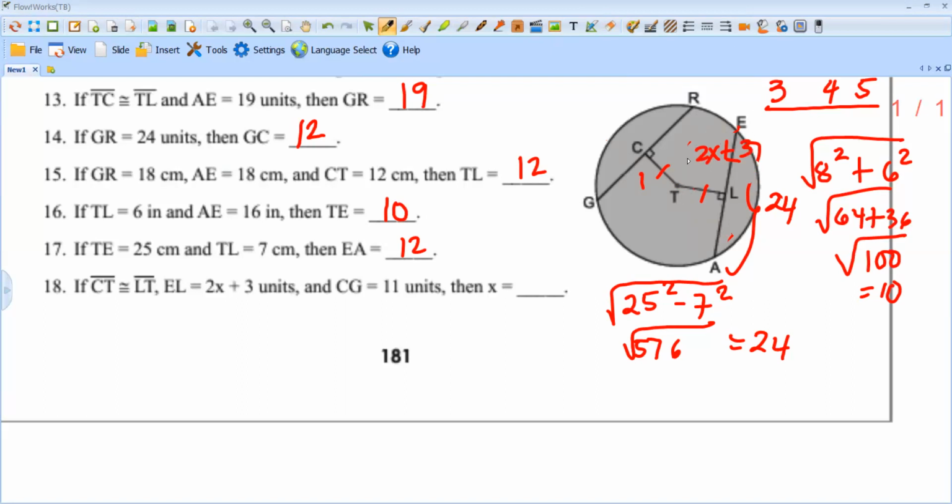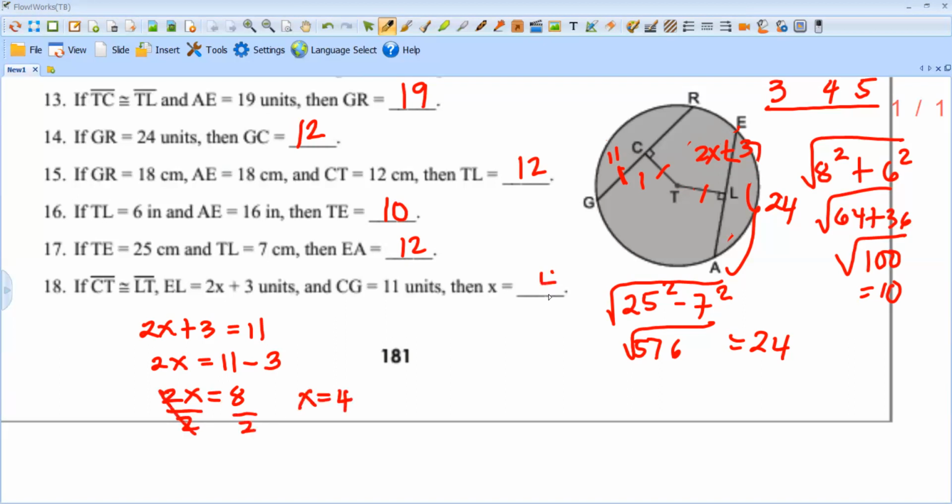CG is equal to 11. What is the value of x? So these two are equal. So 2x plus 3 is equal to 11. So 2x is equal to 11 minus 3. So 2x is equal to 8 divided by 2. Then x is equal to 4. So X is 4.